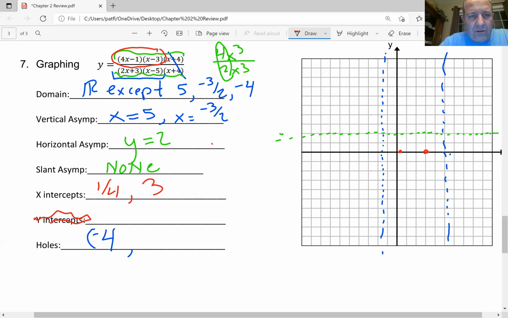To figure out this hole, we've got to take our reduced problem, right, and put a -4 in for the x. So we're going to have -4 -16, so -17 times -7 divided by -5 times -9.